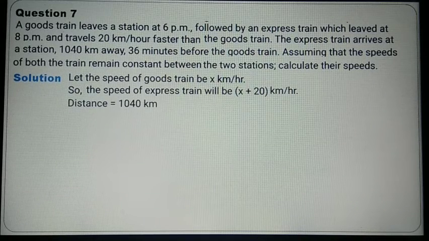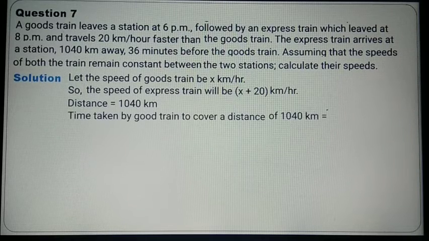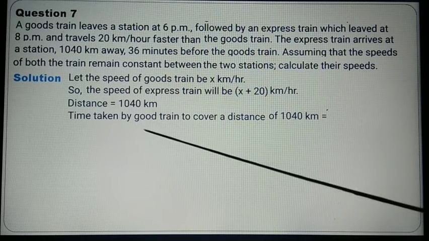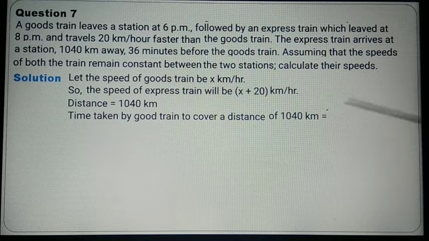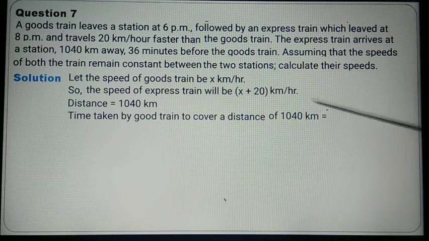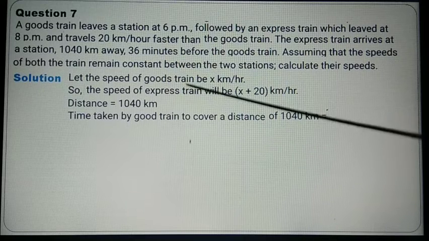Okay, now the distance to be covered is this much. So again, the time taken by the goods train to cover a distance of 1040 kilometer is going to be distance by speed, and for goods train distance to be covered is this much. So distance by speed gives me 1040 in the numerator, and in the denominator we are going to have the speed of the goods train, which is x.